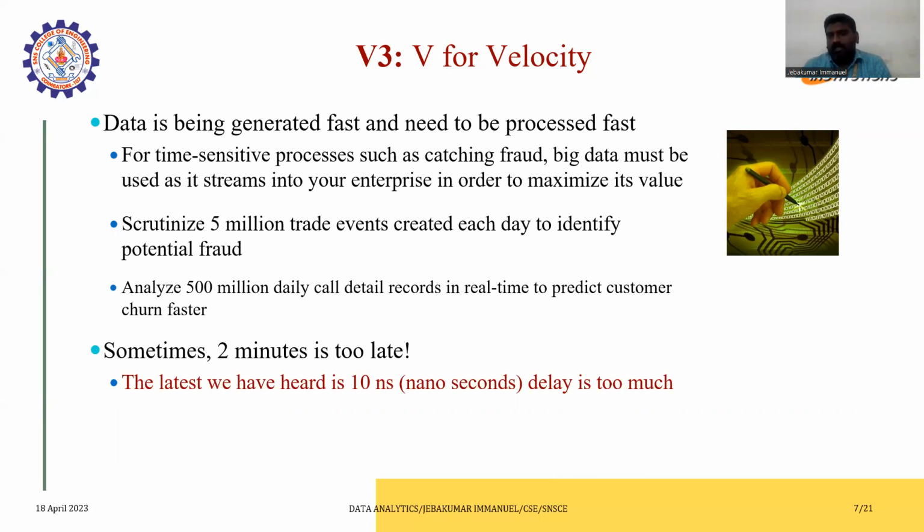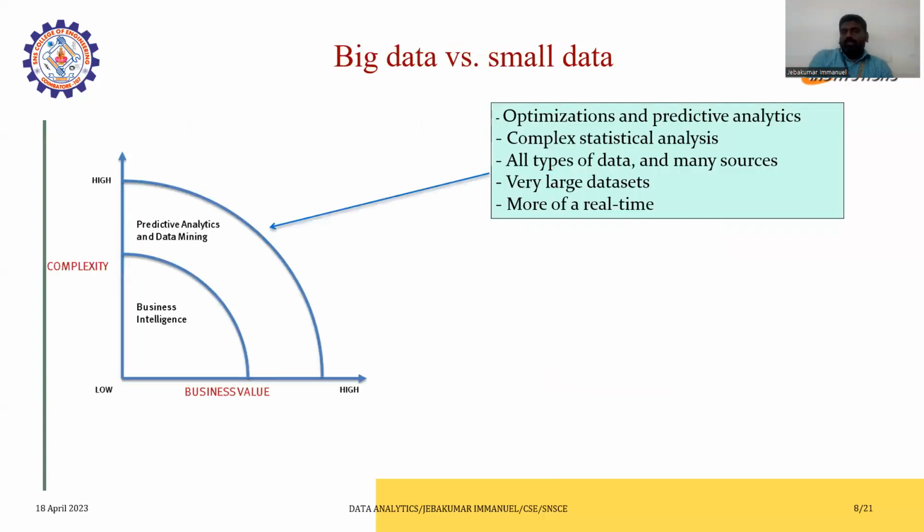For time-sensitive processes, like credit card fraud detection systems and UPI fraud detection systems, we need speed in data manipulation. Velocity may scrutinize 5 million trade events created each day to identify potential fraud. So velocity is needed to process the data in a quicker way. This is a simple example of big data versus small data.